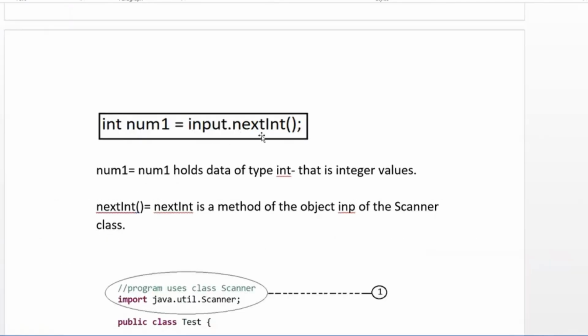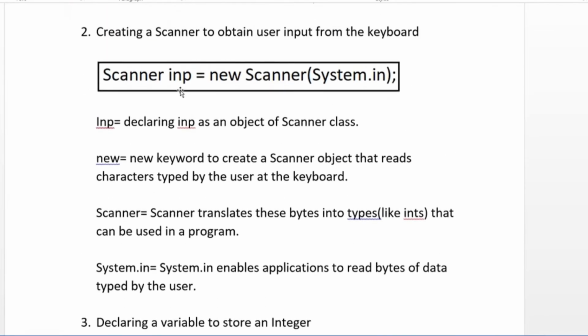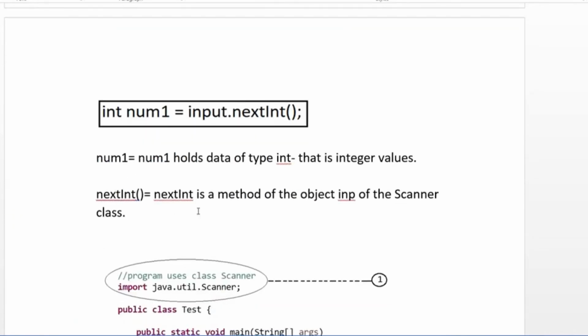Then what is the nextInt function? nextInt is a method of the object inp, which is declared as an object of the Scanner class. So nextInt is a method of the object inp of the Scanner class.